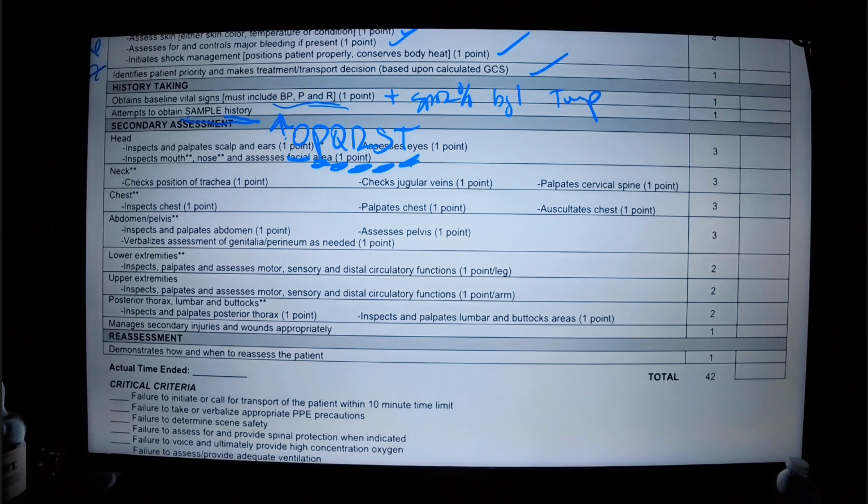Do you have to cut the pants and the shirt of every conscious patient? No. But you could just look under it and explain to them, hey, ma'am, sir, I'm going to have to check under your shirt for any injuries. This is for your good. This is to help you. And the majority of the time they say, yes, please, help me. You check it and just cover them back up. That's shock management, right?